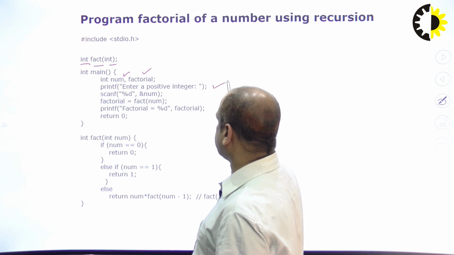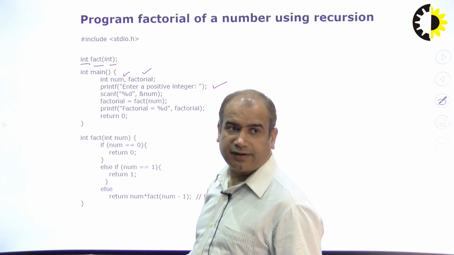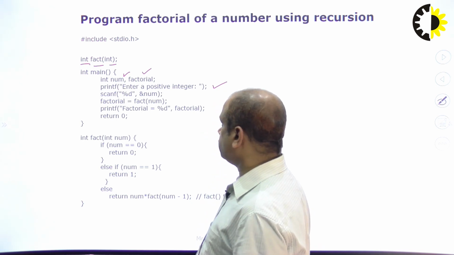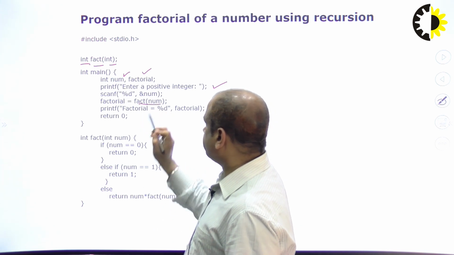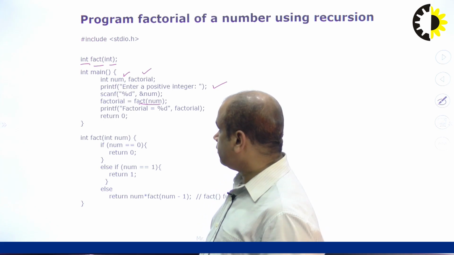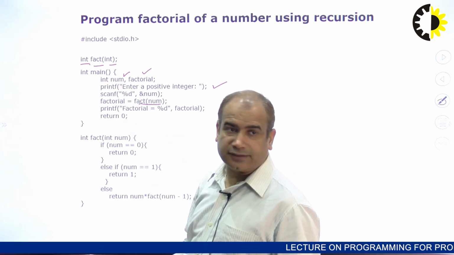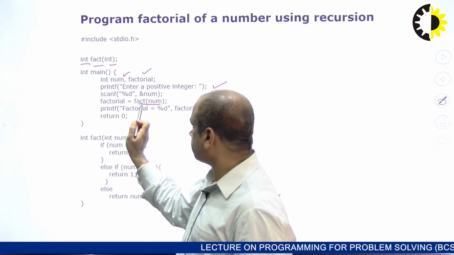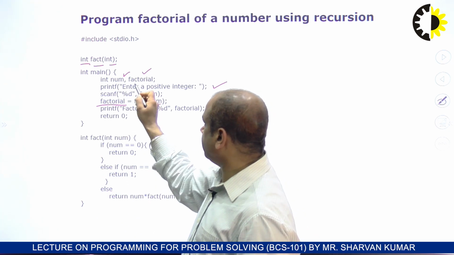We take the number from user input and call fact of num. Once we call this function, the value is returned as an integer, so we pass this value into factorial, which is of type int.